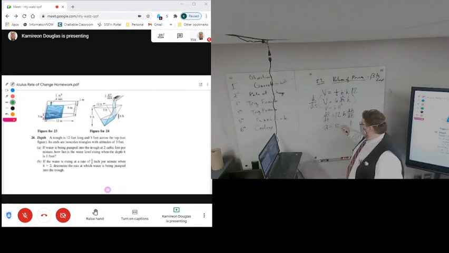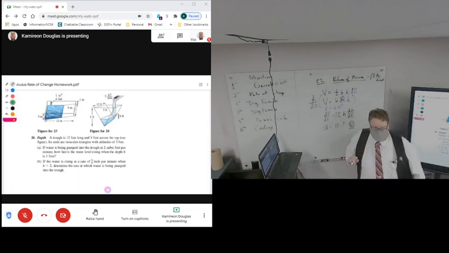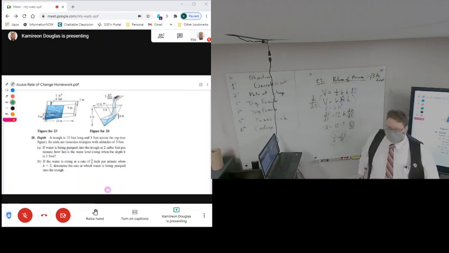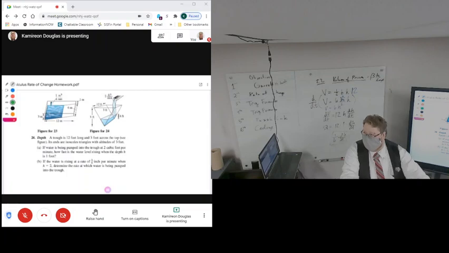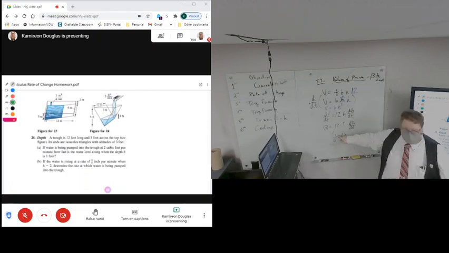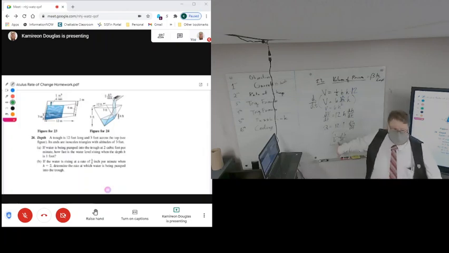H is 1, so 12 times 1. How would I get dH/dt by itself? How can I put this in terms of words? The height goes up by 1 every 6 minutes. The change in height over the change in time.